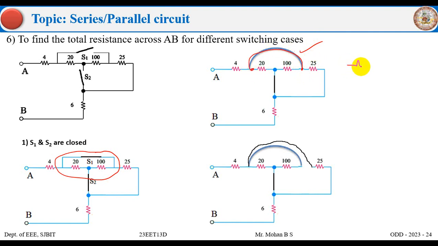So it's something like this. I have 100 and 25 which are connected. From this point, it's also connected back to 20 ohm, right? So I can rewrite in this way also. 100 ohm is still connected to this point and 25 ohm is still connected to this point. Thus these two circuits are electrically correct.